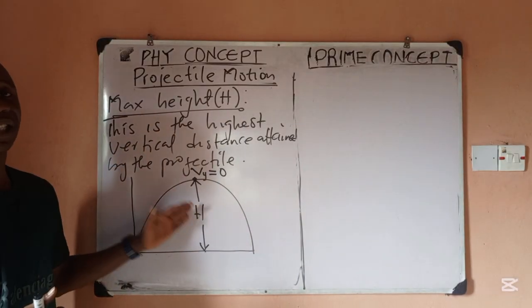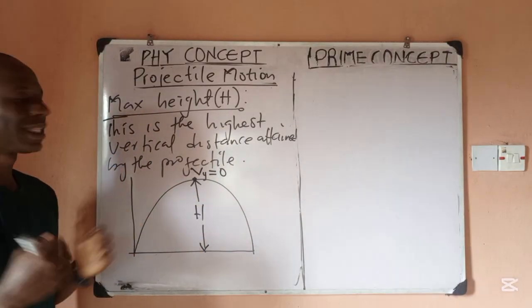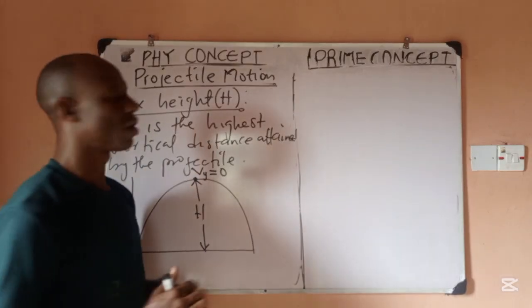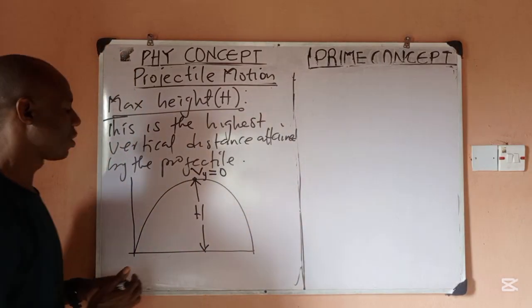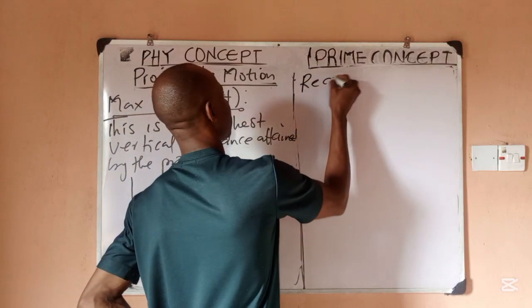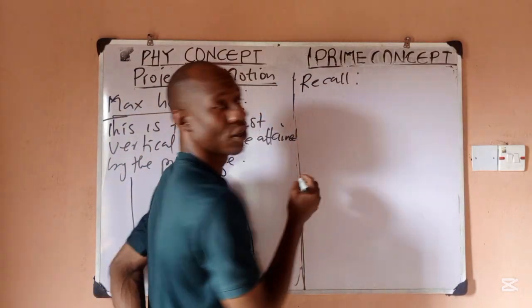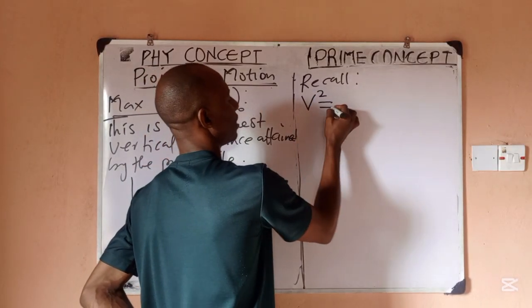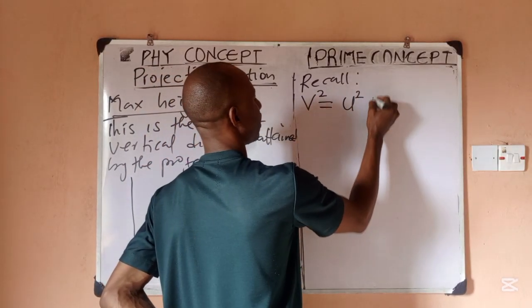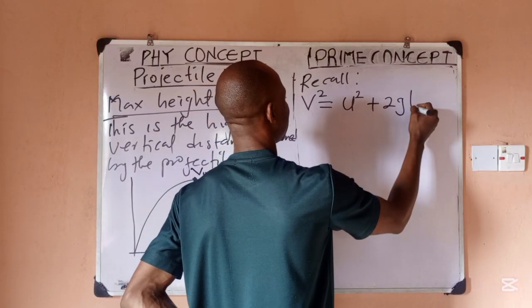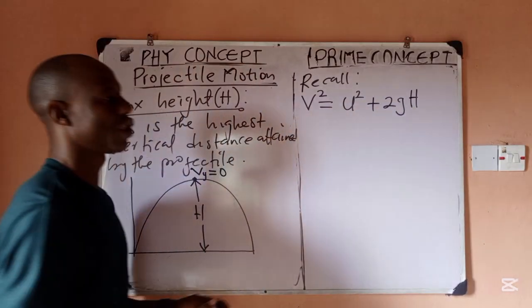How do we calculate the maximum height attained by a projectile? We're going to do the derivation because this would also be required in your exam, your WAEC. Now, if you recall, one of the equations of motion says that v squared is equal to u squared plus 2gh, or say 2gs.